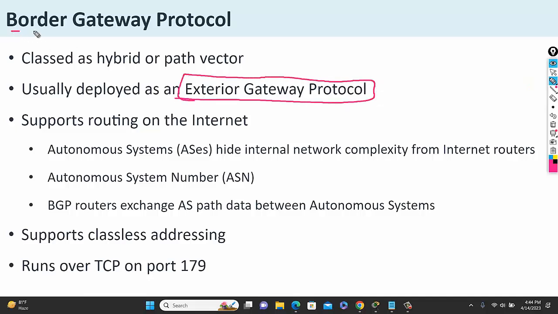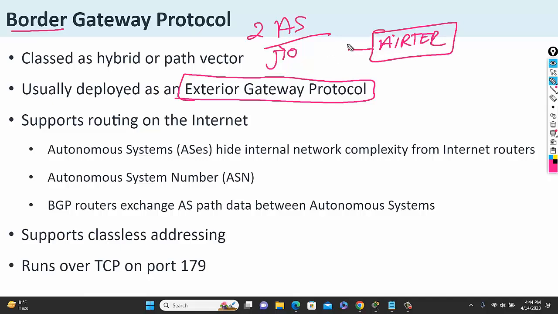As its name says, border means the border of two different autonomous systems. If there is a Jio and an Airtel and both want to communicate with each other, they will have to use a protocol called BGP to make the connection in between.